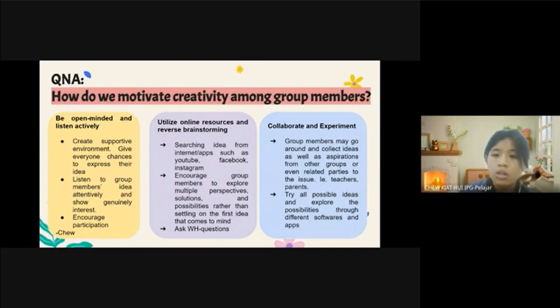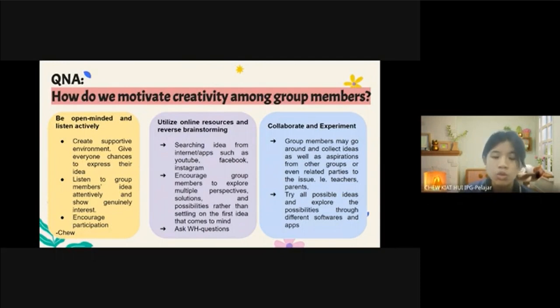To do so, first we have to create a supportive environment, fostering an atmosphere of trust and open communication where teammates feel comfortable sharing their ideas without fear of criticism. So we have to give everyone chances to express their ideas.